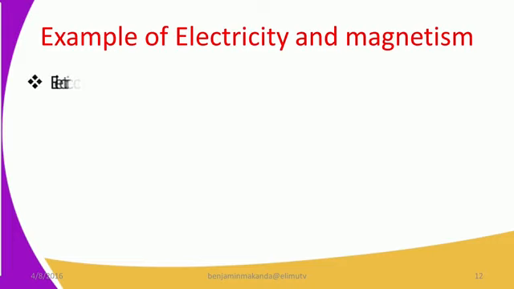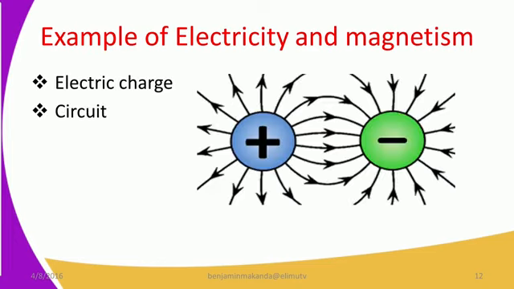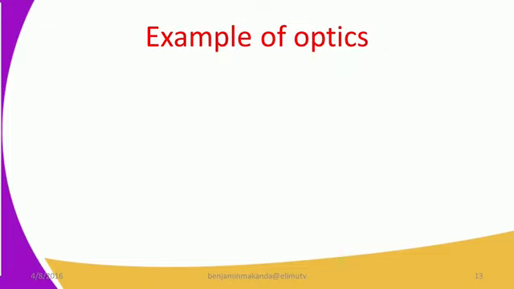Examples of electricity and magnetism: we have electric charge, circuit, and in this particular category, we have this example here where we have electric charge. This is an electric field that has both positive and negative, and the arrows are indicating the direction of force within the electric field. That is still electricity and magnetism.